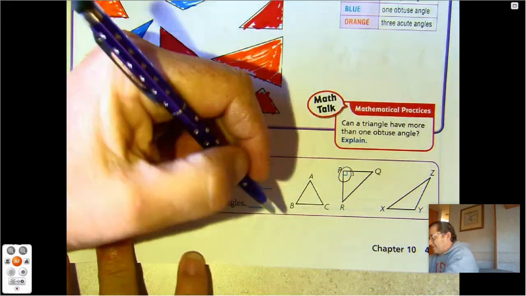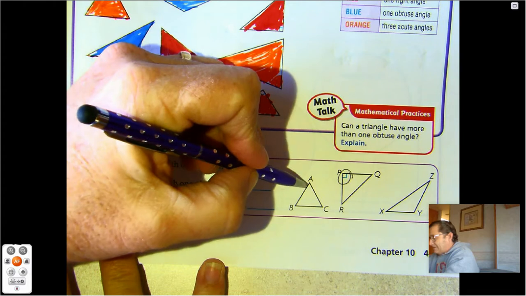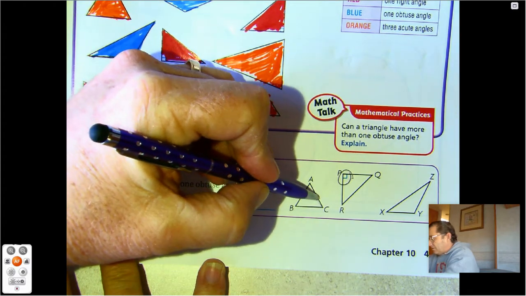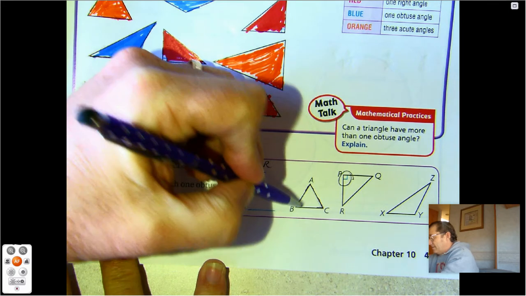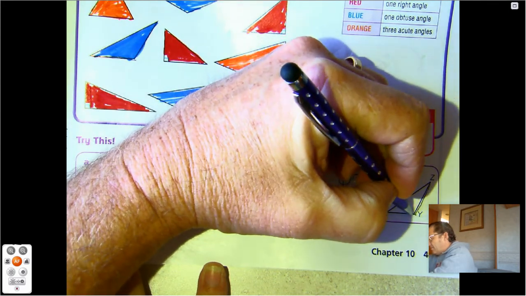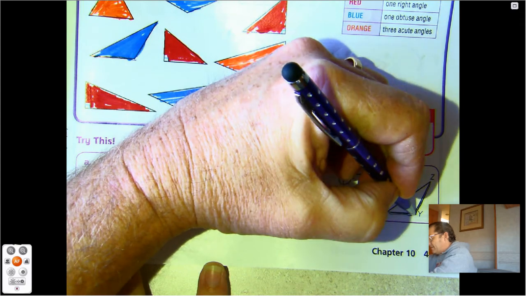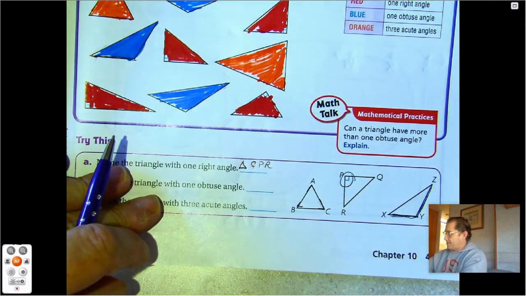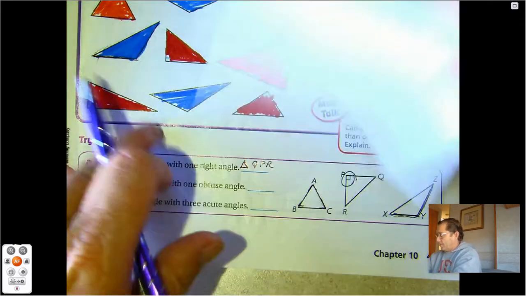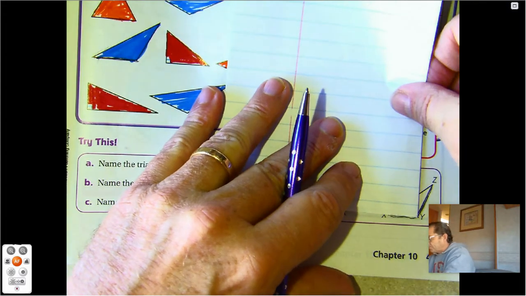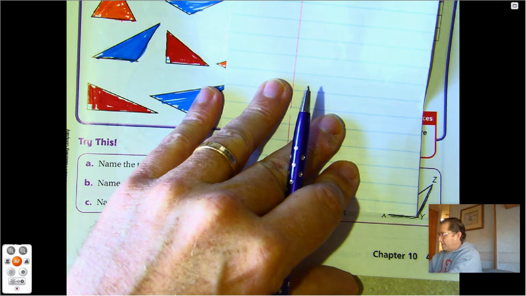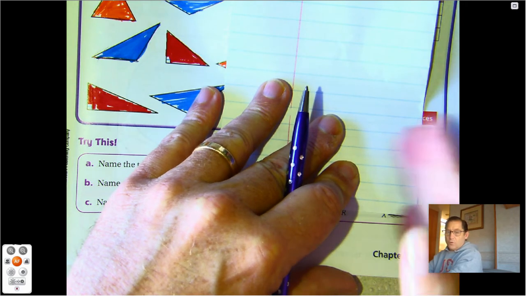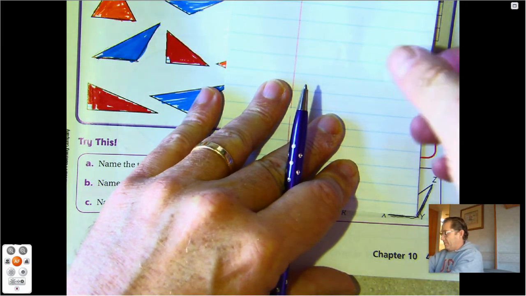You start to look at these and you start to recognize that, oh, all these angles are acute angles. They're less than right angles. So this one right here must be the obtuse one. And you can verify that. Use the corner of your paper, line it up with one of the rays of the angle, and this is open much wider than the side of the paper.